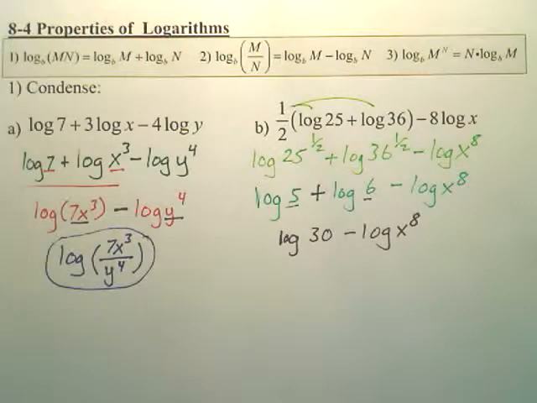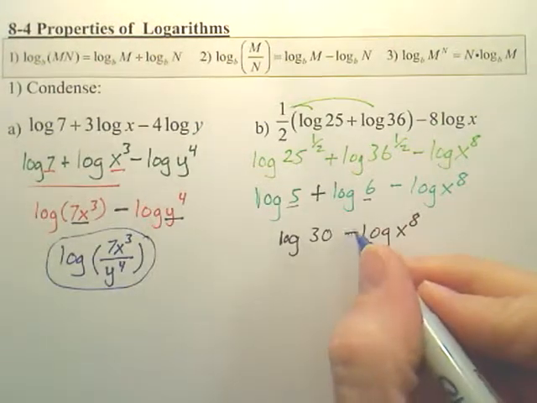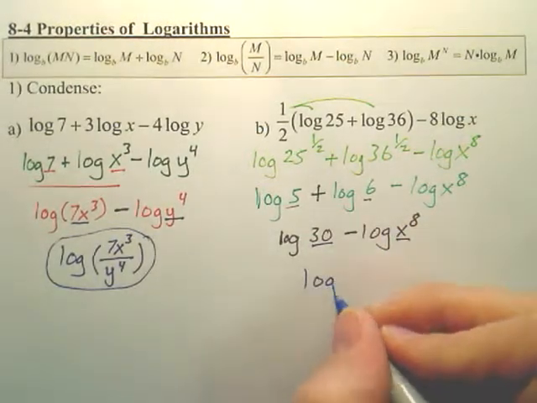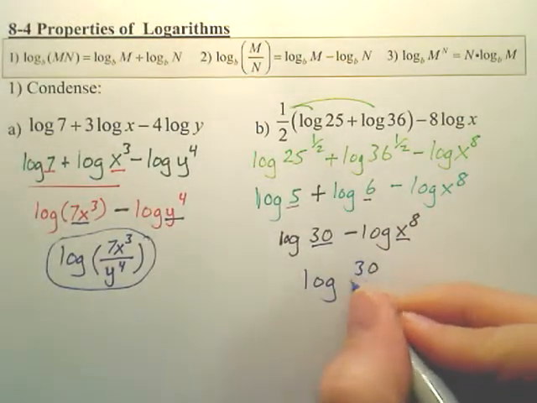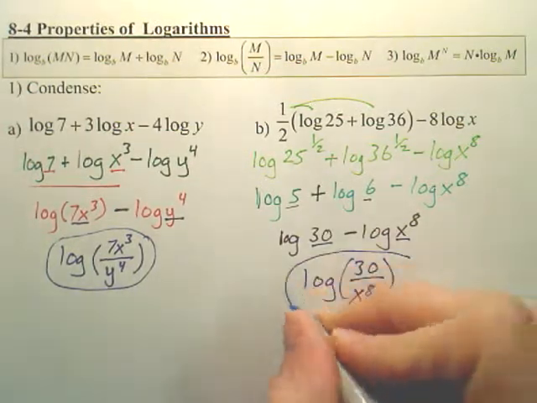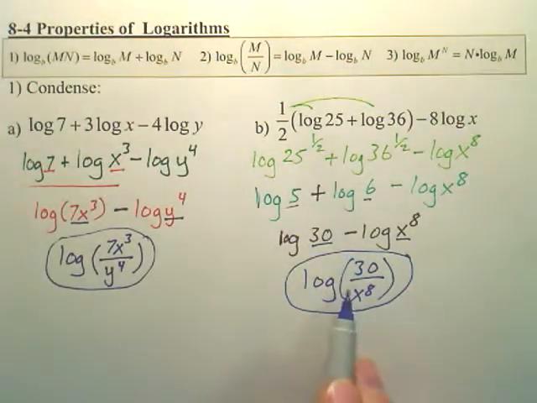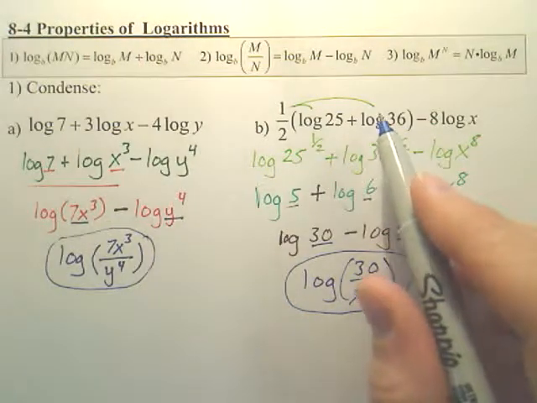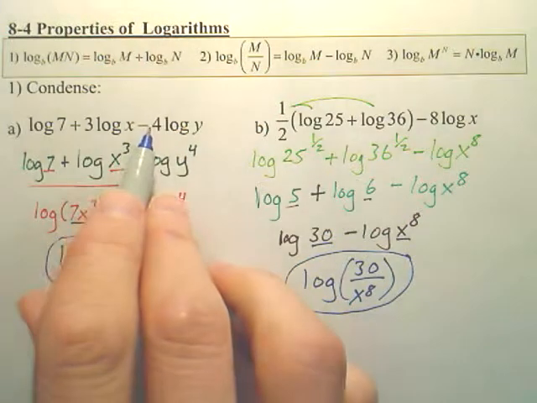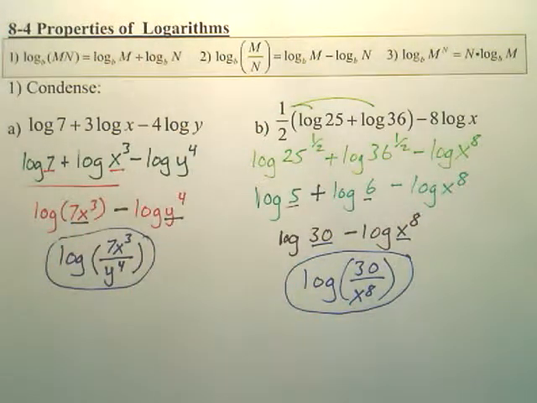And the last step, well, what does a minus mean? Divide. We're going to take these 2 pieces. Minus means divide. So it's going to be log 30 over x to the 8th. Everything's inside the log. Now, I could take this and expand it to that answer, or I can condense it to this answer. Same here. You can expand this to this, or you can condense it to that. You have to be able to go back and forth.